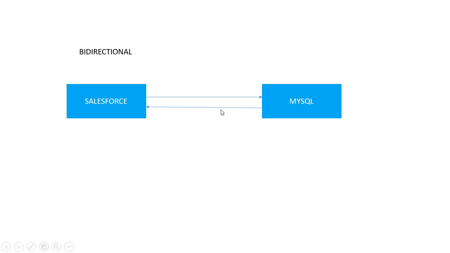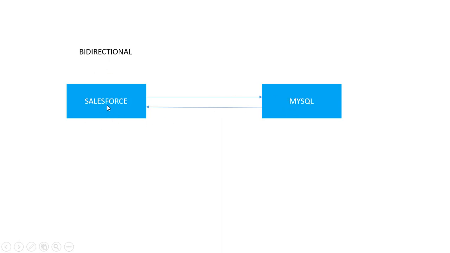It's two-way communication and they serve as one system, and actually they each have their own benefits. Salesforce is customer relationship management, and MySQL is a relational database. They serve their own purposes, and at the same time they share their data between these two systems.